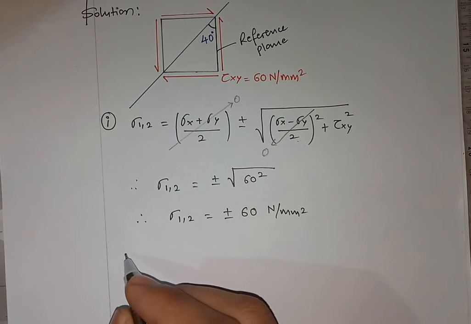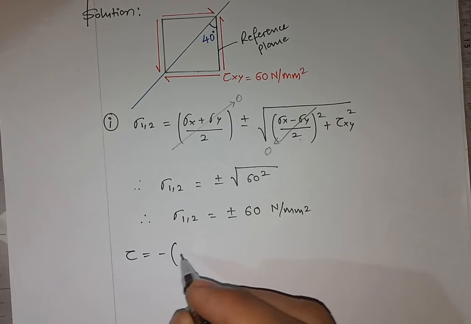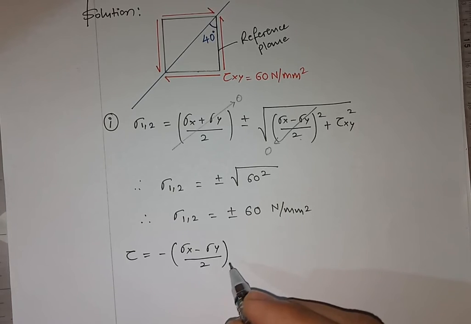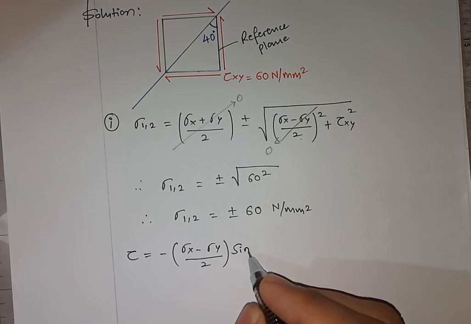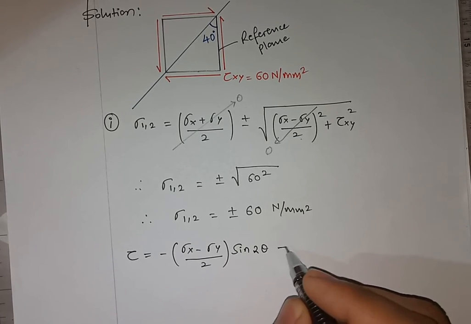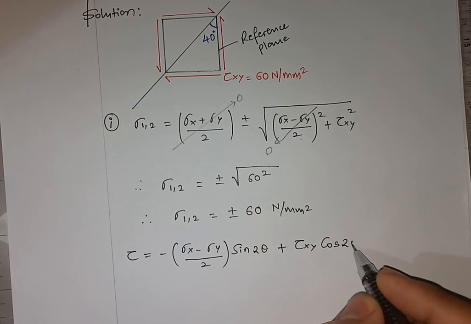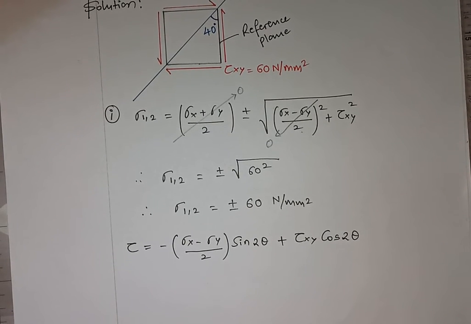So now if I take this equation, tau is equal to minus of sigma x minus sigma y divided by 2 into sine 2 theta plus tau xy into cos 2 theta. Right, so this is the equation for shear stress on an oblique plane.